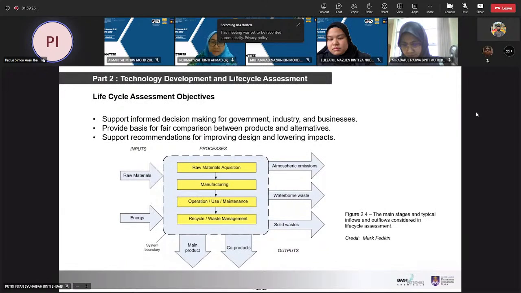The inputs are usually represented by the raw materials and the energy that flows into the system. The system output is shown as an arrow on the right side and at the bottom of the system, which is outside the system boundary. Outputs are represented by the main product and the co-products shown at the bottom, and the atmospheric emissions, waterborne waste, and also the solid waste, which is shown on the right side.